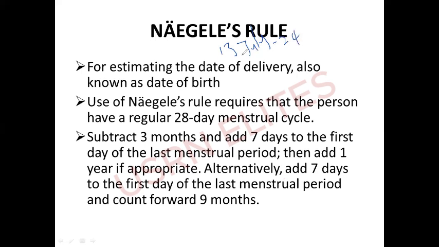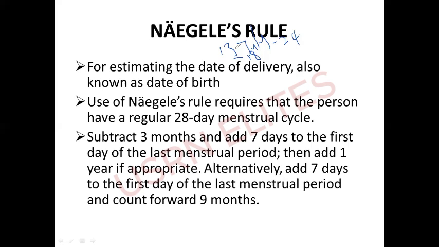The cycle was a normal cycle, so it lasted for 5 days, from 13th to 18th July.